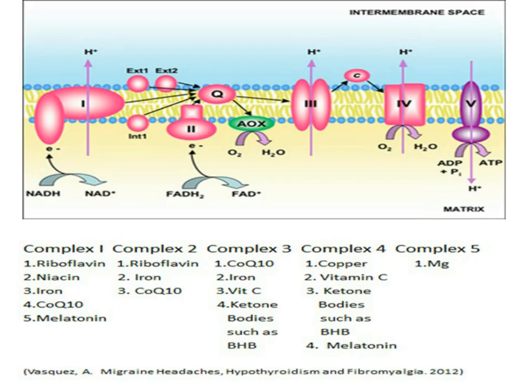So this is, again, a summation table of the different micronutrients that are required for these 5 different complexes to be working. And as you can see, for complex 1, niacin, riboflavin, iron, CoQ10, and melatonin are listed here.